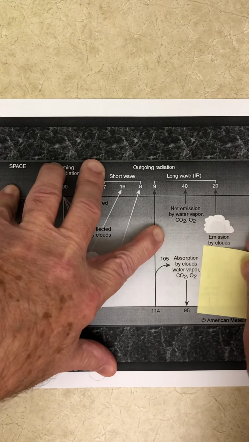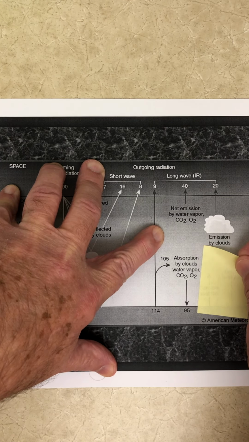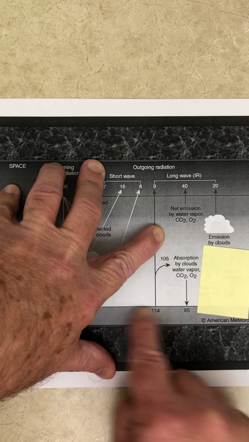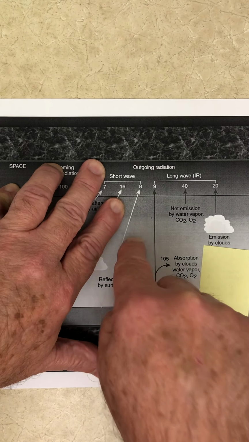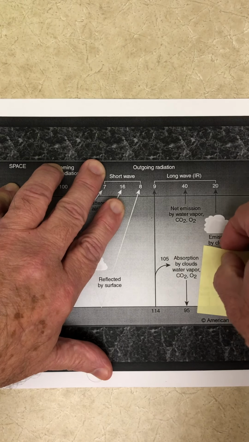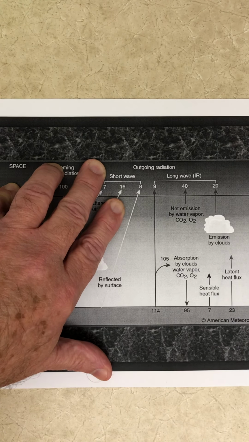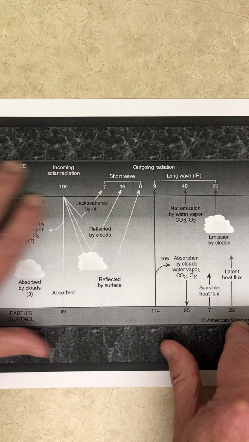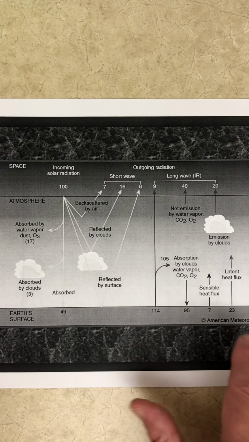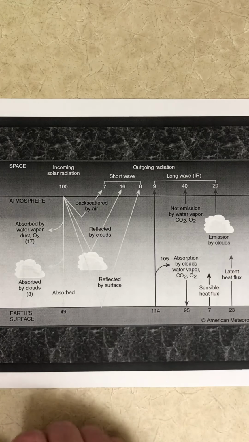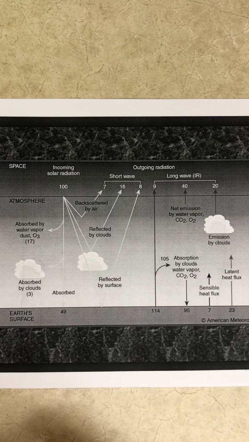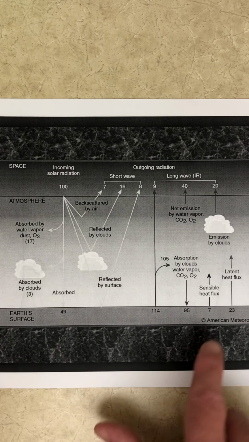I almost feel like there should be a drum roll, but the Earth atmosphere system is moving that surplus 30 units of energy from the surface into the atmosphere where there's a deficit of 30 units through two different kinds of energy: sensible heat energy and latent heat energy. And so that's where our discussion is going next.